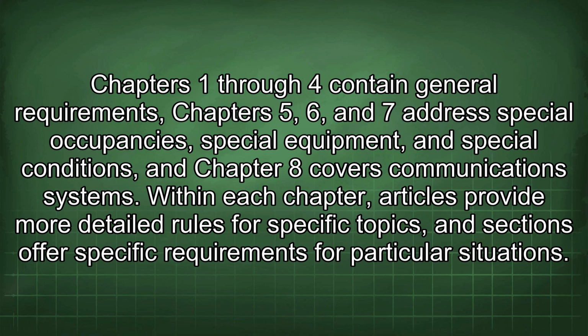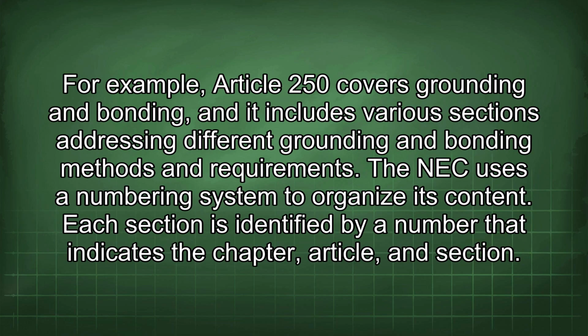Within each chapter, articles provide more detailed rules for specific topics, and sections offer specific requirements for particular situations. For example, Article 250 covers grounding and bonding, and it includes various sections addressing different grounding and bonding methods and requirements.